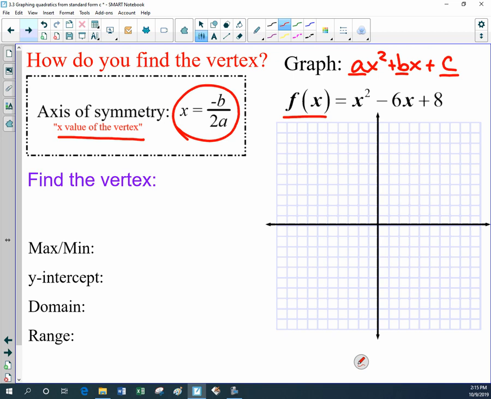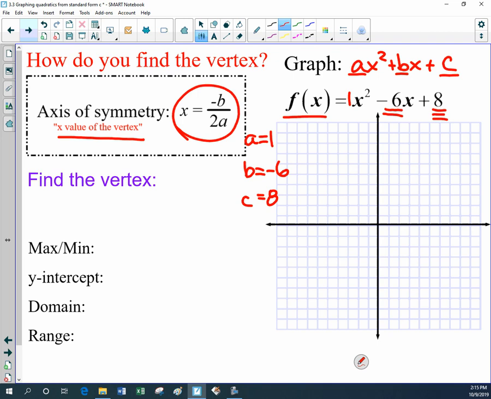So with this function here, x squared minus 6x plus 8, a would be the number in front of x squared, which is 1. B would be the number in front of x, which is negative 6. And if we needed to know it, c would be 8. Okay, so there's the values of a, b, and c.